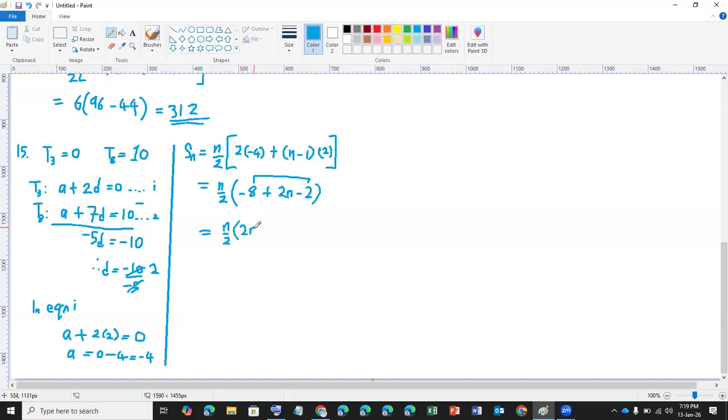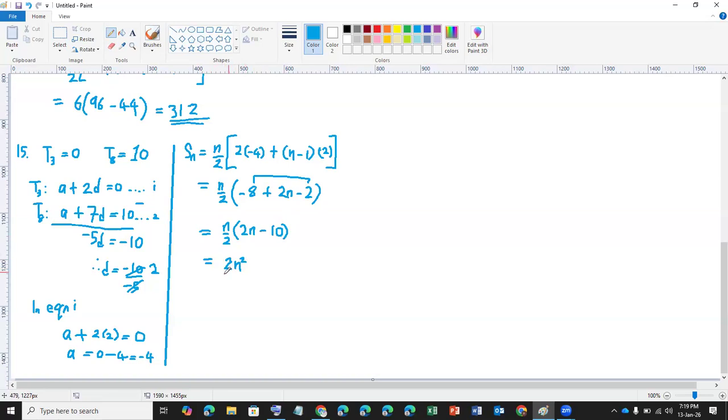So that gives us 2n minus 10. And of course, I'm sure you can already see what's going to happen here. If you let that n over 2 go in, that will now be 2n over 2, 2n squared, isn't it?